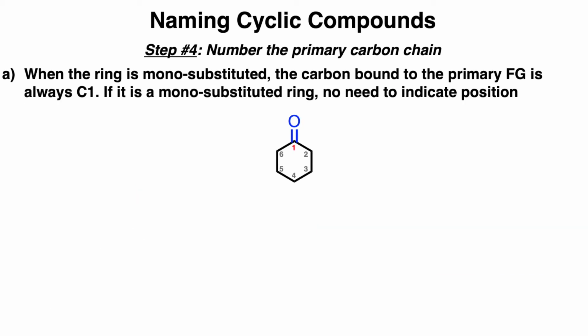Step 4 is to number the primary carbon chain such that the primary functional group is on the lowest number possible. So when the ring is mono-substituted, the carbon bound to the primary functional group will always be on the first carbon, or C1, so there's no need to indicate its position.